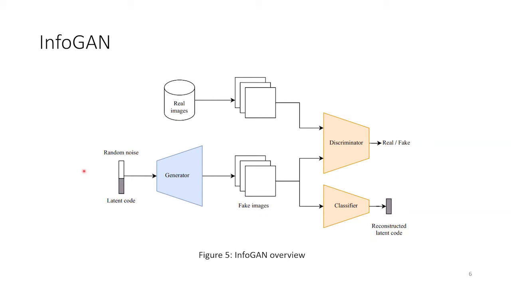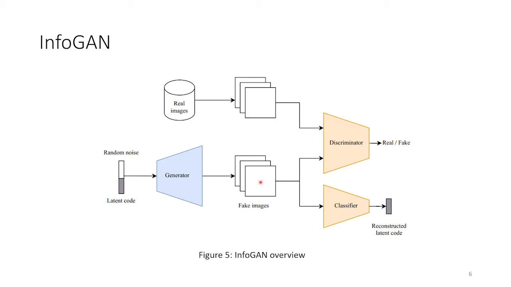The latent code actually comes from the random noise, the input of the generator. If the classifier is able to reconstruct that latent code, it means that the generator must learn to hide, to embed that latent code somewhere in the images, in the features of the images.